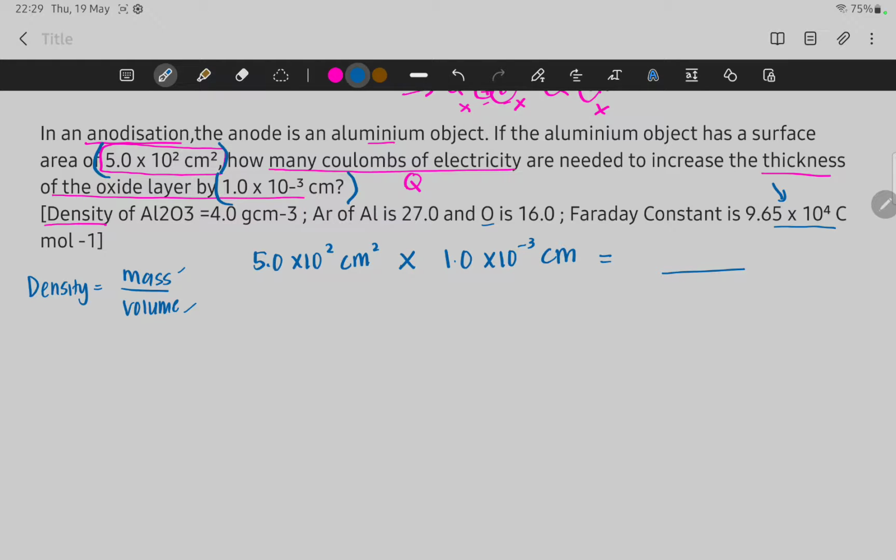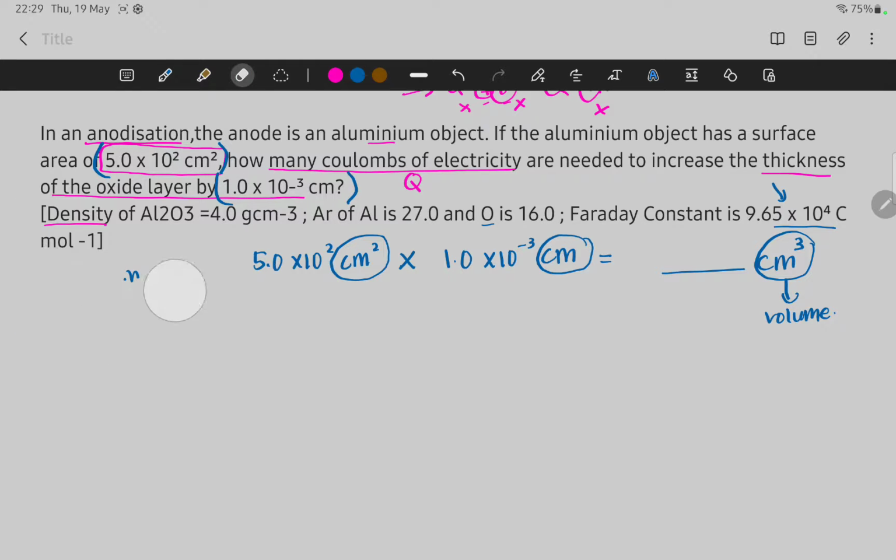Why am I saying you get a volume? Because the cm squared multiplied by cm gives you cm cubed, which tells you it is the volume. Easy, isn't it?